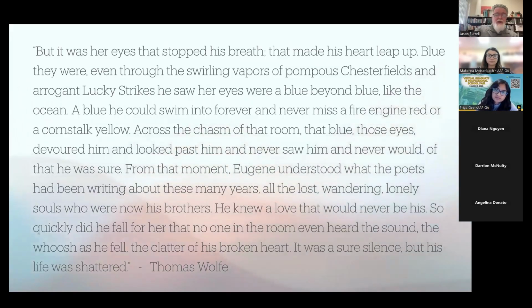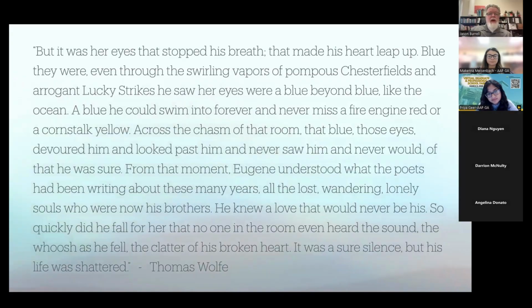This is an excerpt from a very famous paragraph in a book called Look Homeward, Angel, I mean Of Time and the River, by the author Thomas Wolfe. This book was written in 1928, and it's a famous paragraph because of the writing. It's writing about something that people kind of don't talk about. There are many romantic comedies, and you see people being romantic.